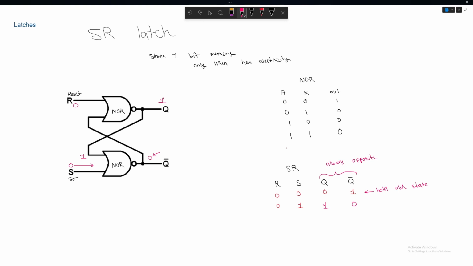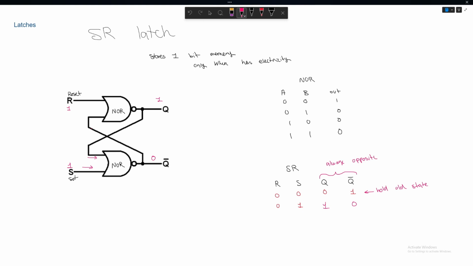All right? And so now, what happens if I press both these buttons? So I get 1 and 1. And so before I had 1, 0. And so when I have 1, 1, what happens is this 1 goes through here, and this 1 goes through here. That gets a 0, right?